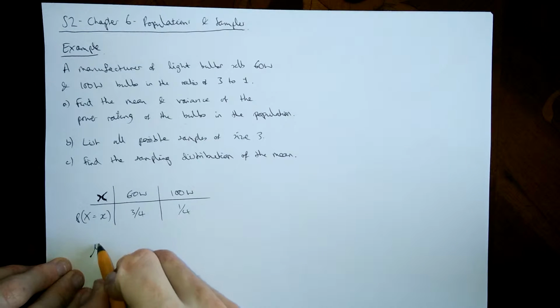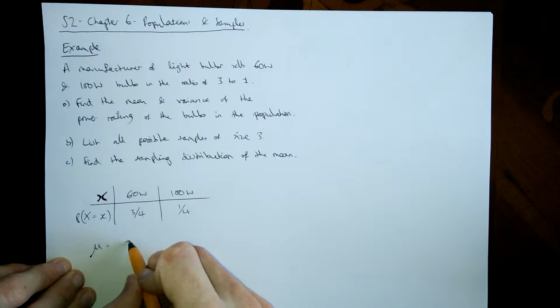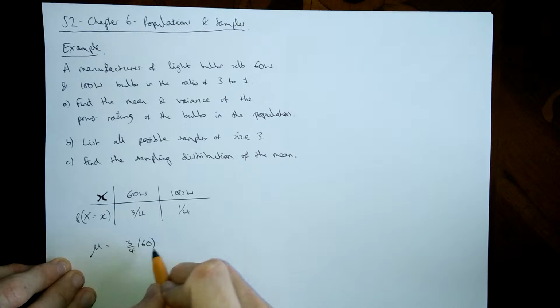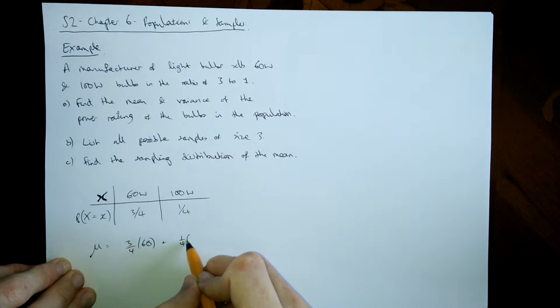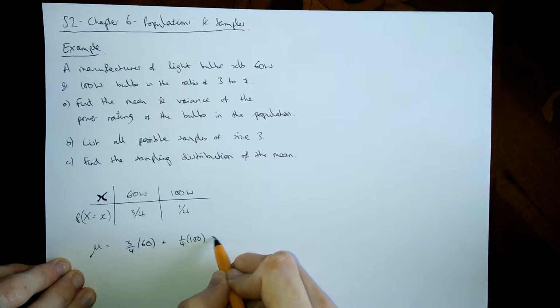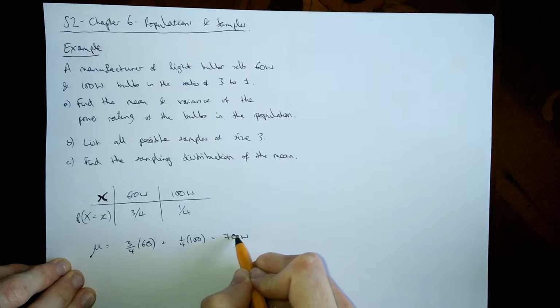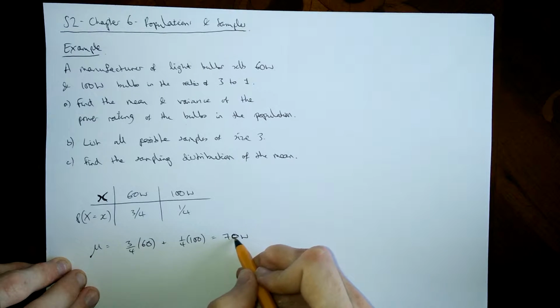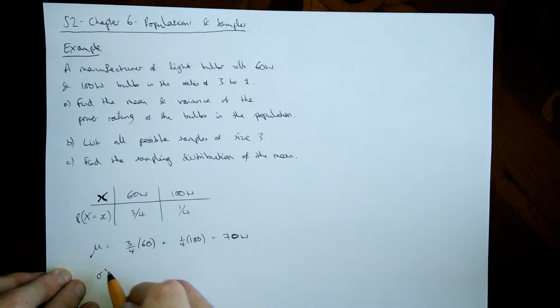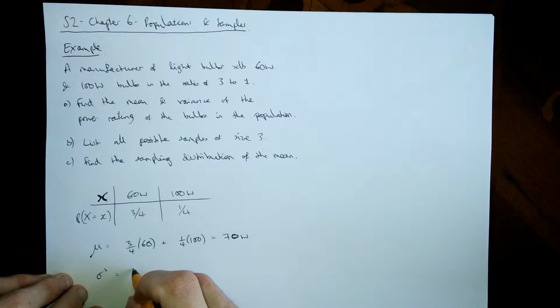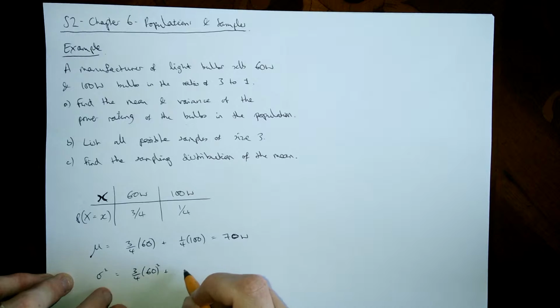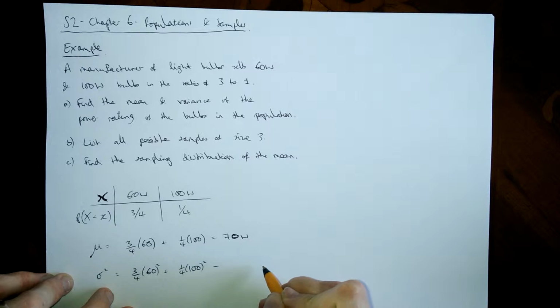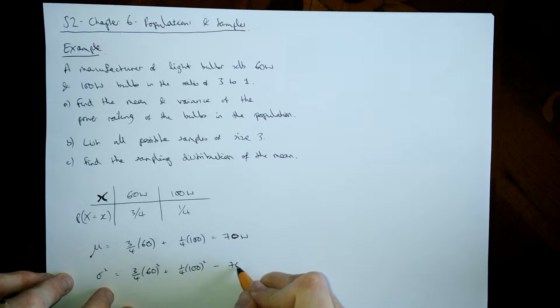To work out the mean, we just do 3/4 of 60 plus 1/4 of 100, which gives us 70. To work out the variance, we just have to do 3/4 of 60 squared plus 1/4 of 100 squared, and then we have to take away the mean we just worked out squared, which gives us, I think, 300.